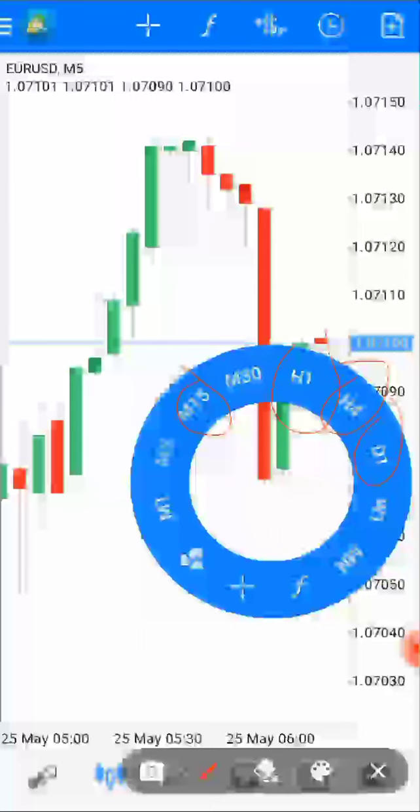And then for the 1 minute time frame, if you are a scalper, most of the time it's not advisable to trade on the 1 minute time frame because most of the trading done there is automated. So you're trying to compete with trading robots that are quite faster than you.